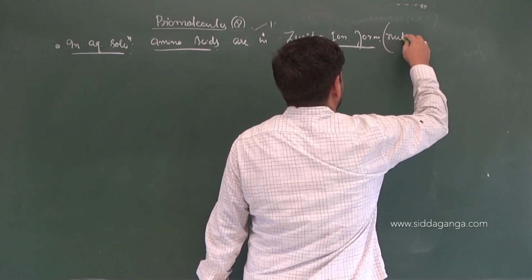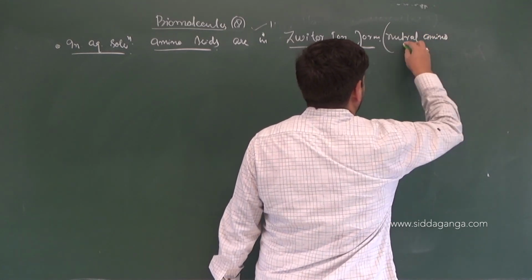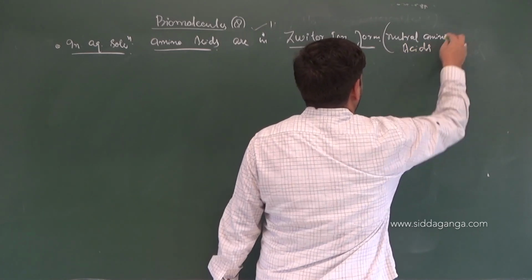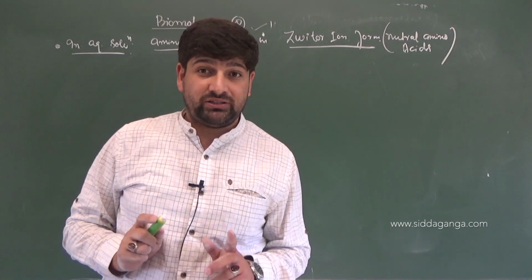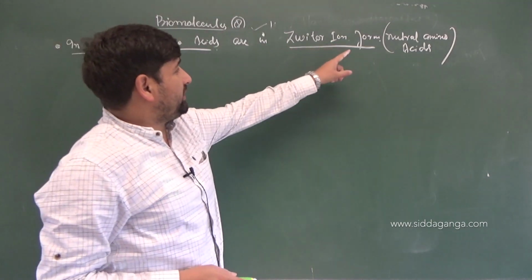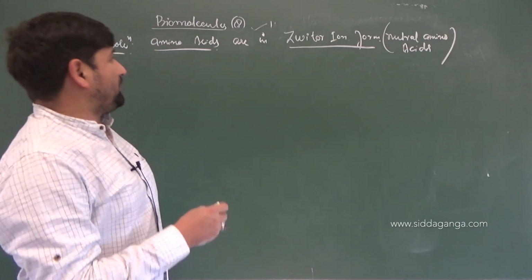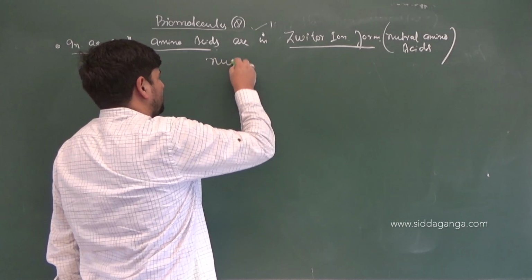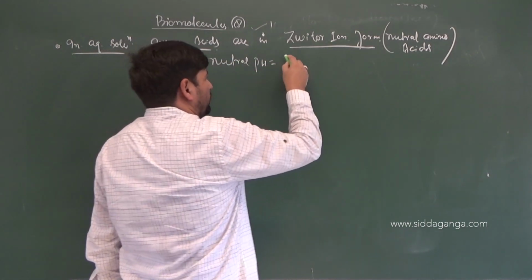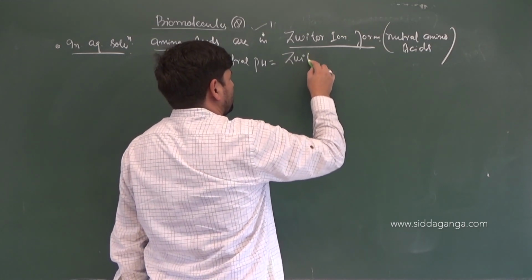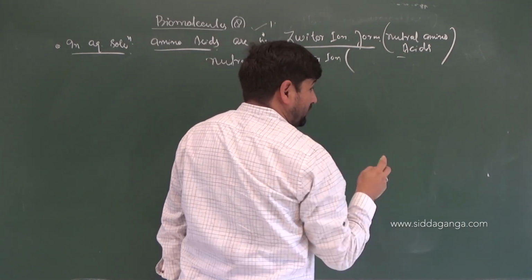Neutral amino acids. Which amino acids am I talking about? Neutral amino acids. Got it? So neutral amino acids are in Zwitter ion form in aqueous solutions. So in neutral pH, technically speaking, that is pH 7, we will have predominantly Zwitter ion, but from which amino acid? Neutral.